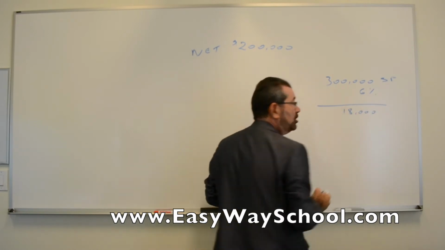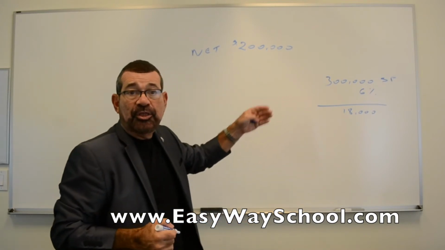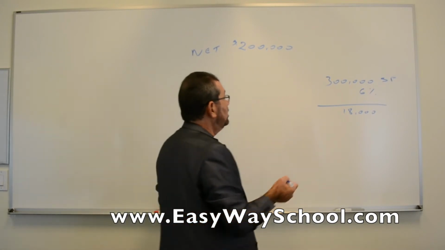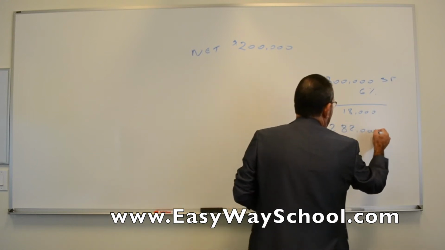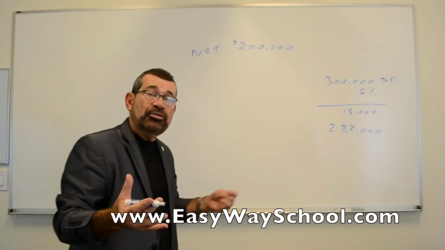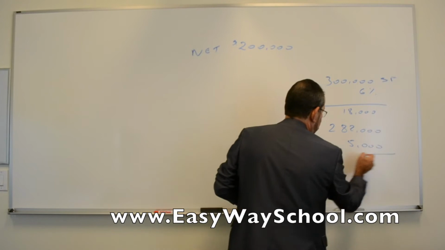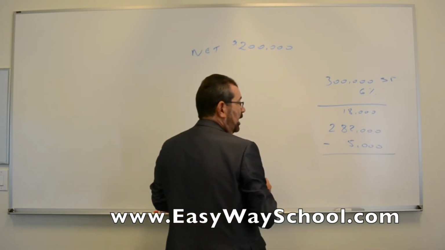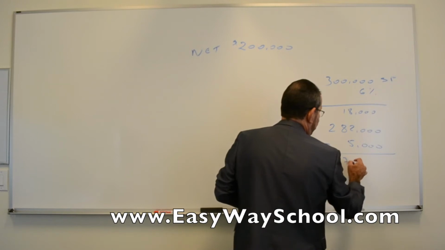That's your commission, that you subtract from the $300,000. That gives $282,000. Assuming the closing cost was $5,000, that gives me $277,000.